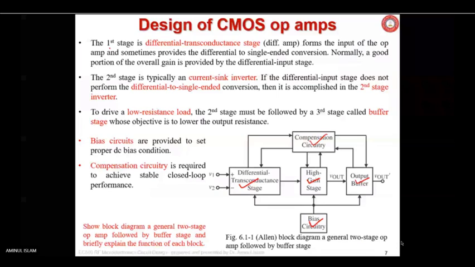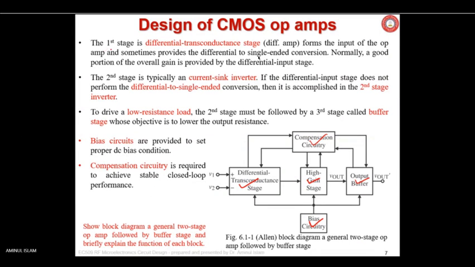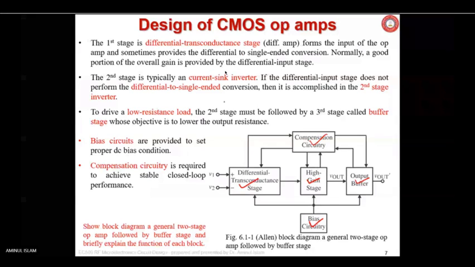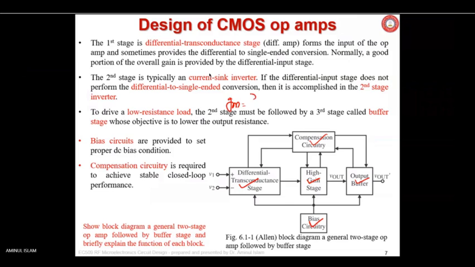The first stage is the differential transconductance stage. What is transconductance? If a stage converts voltage into current, then you call it transconductance. You know how we define transconductance? GM is defined as transconductance. What is the definition? Delta output current ID divided by input voltage.